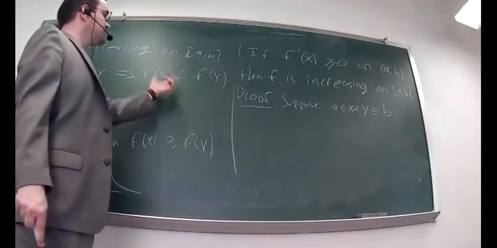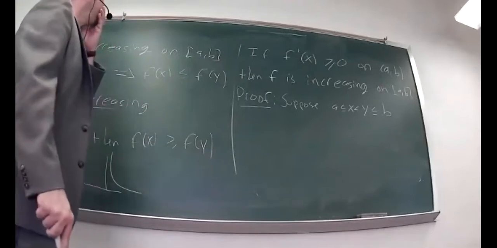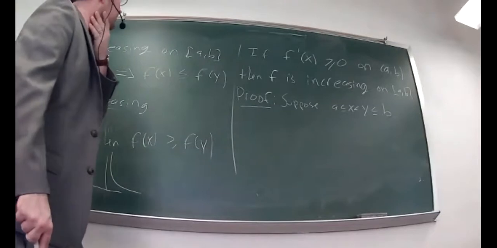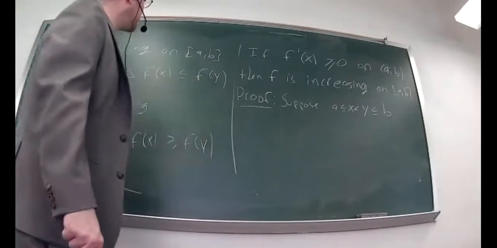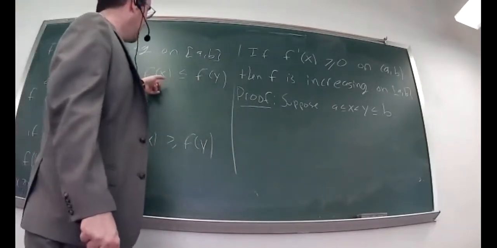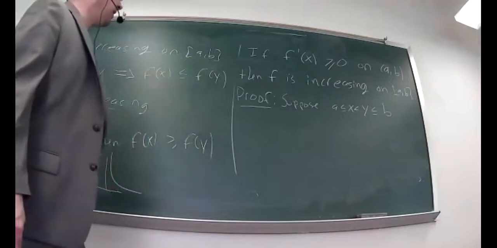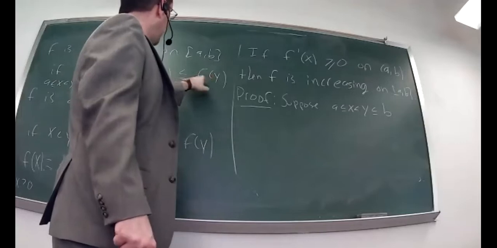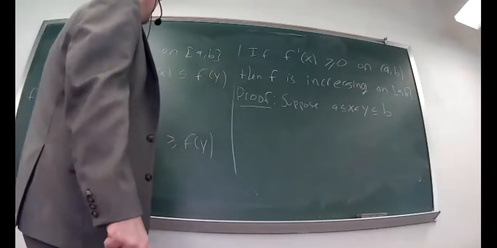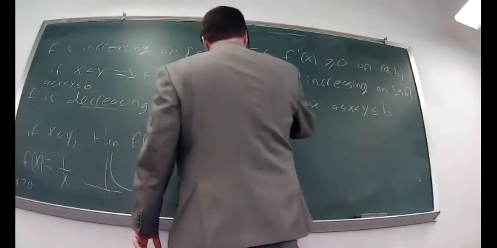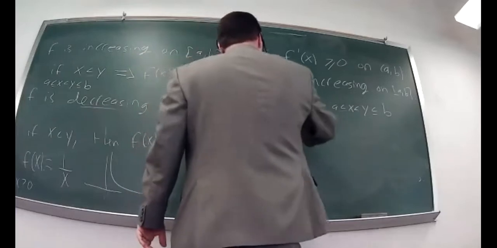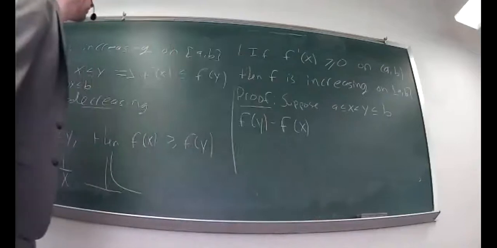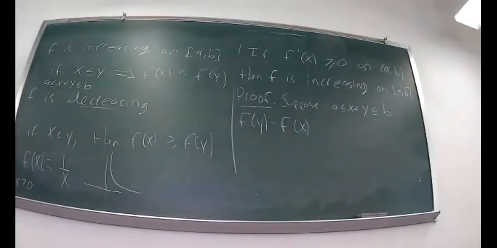And so how could I possibly conclude that? Well, I'm going to look at their difference. So f of x less than or equal to f of y is the same thing as saying that f of y minus f of x is bigger than or equal to 0. So I should look at f of y minus f of x, and ultimately I want to conclude that this is bigger than or equal to 0.